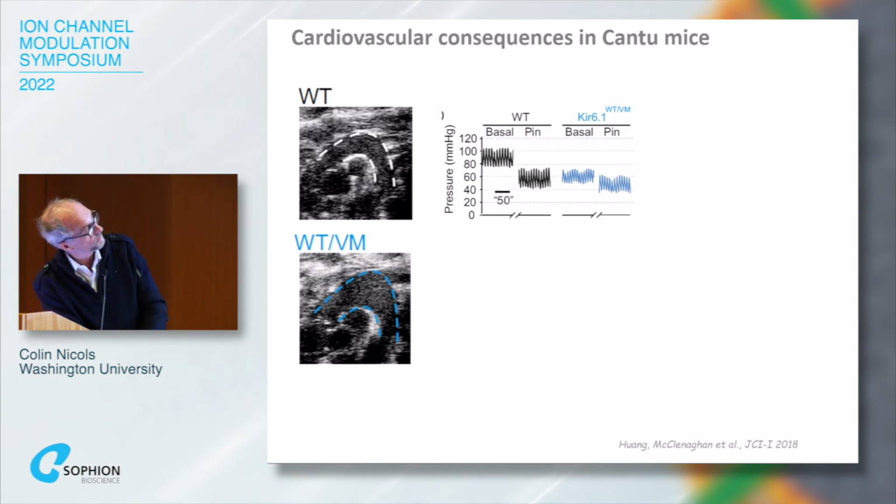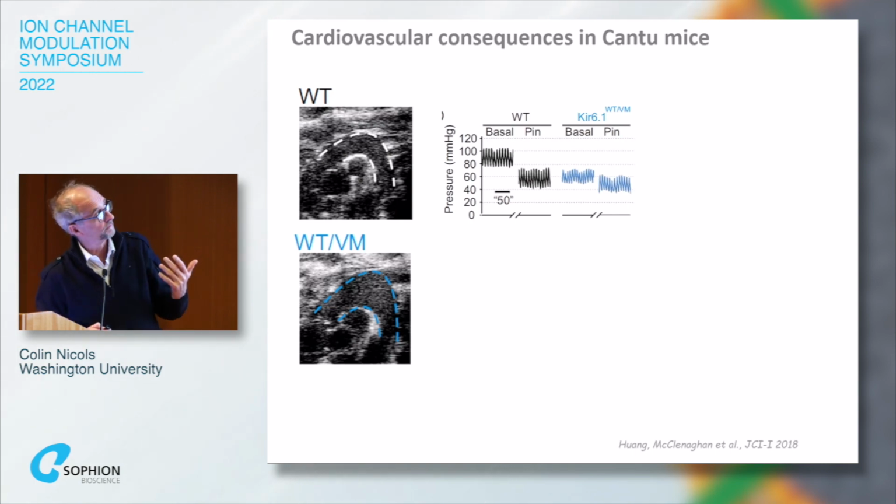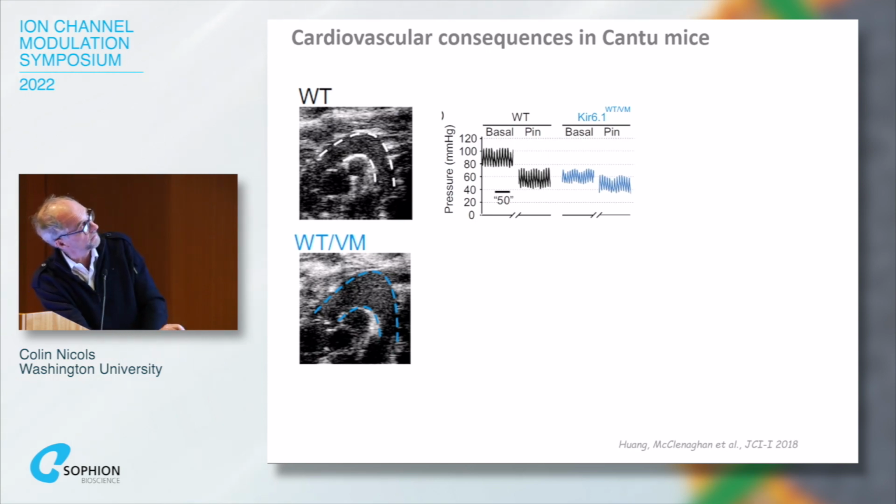But what we see if we measure blood pressure, this is in anesthetized mice with a cannulated jugular, the wild type blood pressure is between about 80 and 100 millimeters of mercury. For the VMs, it's about 30 millimeters of mercury lower. So this is a massive lowering of blood pressure in the face of other potential compensatory mechanisms, which presumably are still there.